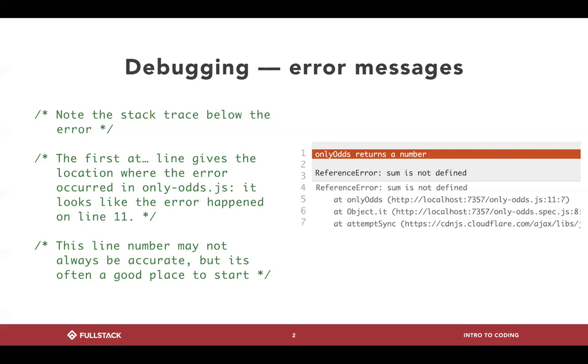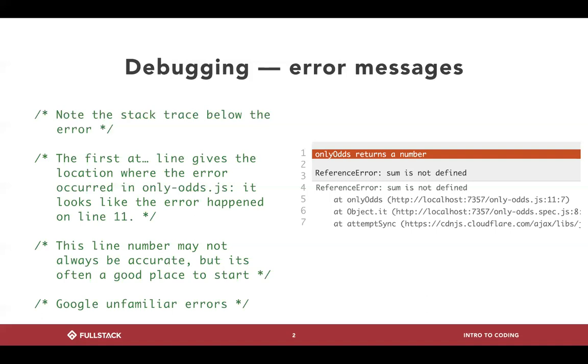This line may not always be accurate, but it's often a good place to start. It's the place that, like I said, where the code said, you know what, stop execution, halt everything, something's wrong here. The actual problem might be somewhere else before that line. It might be that this point in code is just the point where the collision happened. But the stack trace is a great place to start.